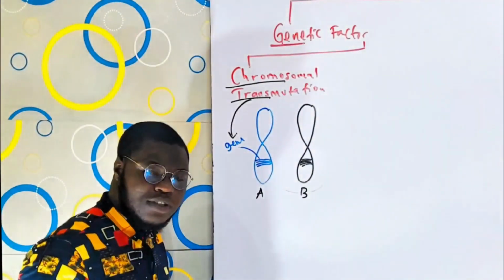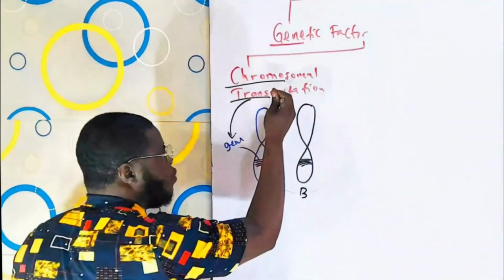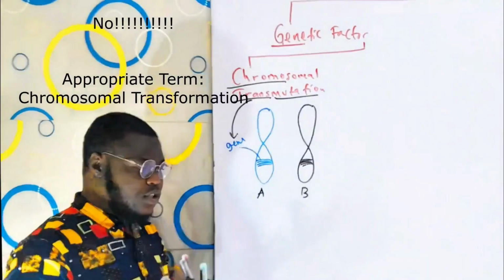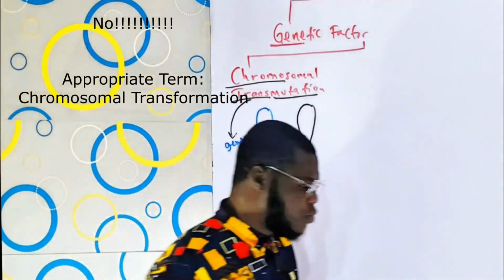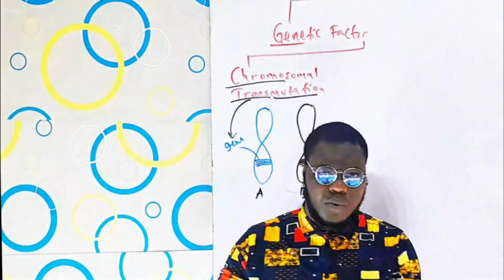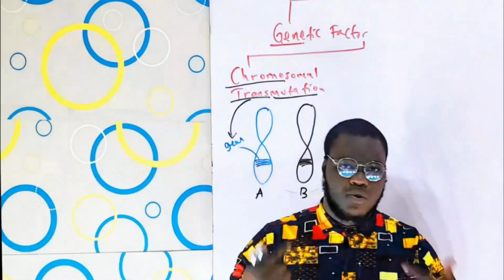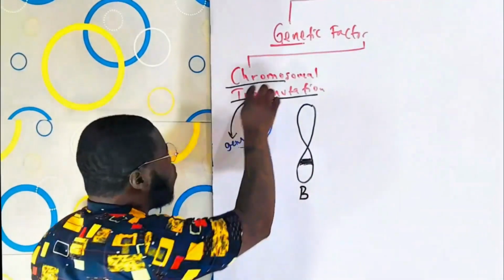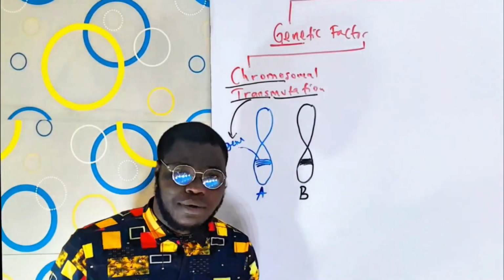What we just explained about change means mutation. So when they say chromosomal transmutation, it is just a change that occurs to some chromosome, whereby a certain gene leaves the chromosome and gets attached to another. That is what chromosomal transmutation really means. Now, we have a lot of chromosomal transmutation in the human body.